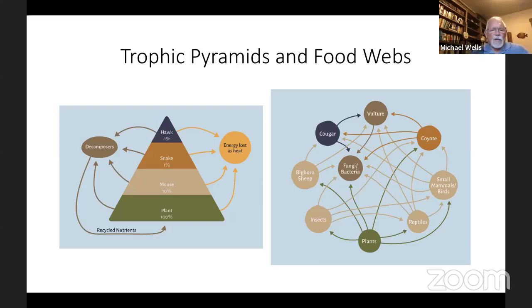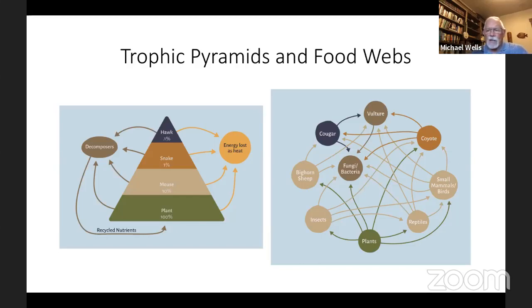So you can see that plants are very common, then the animals that eat plants are less common, then the animals that eat those animals are even less common. And so at the top end, your top predators tend to be animals that are, first of all, relatively rare and also cover long distances, say like mountain lions or eagles and hawks.